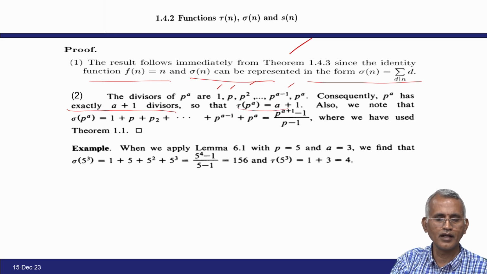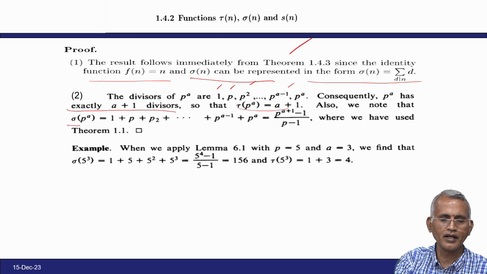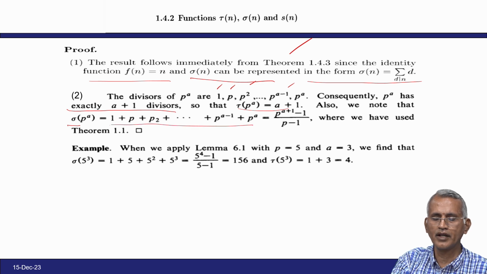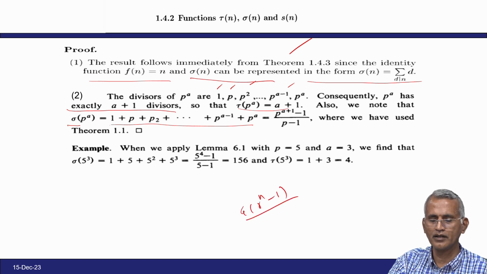Also, we note that sigma of p power a is the sum, which is a geometric progression, a into (r power n minus 1)/(r minus 1).